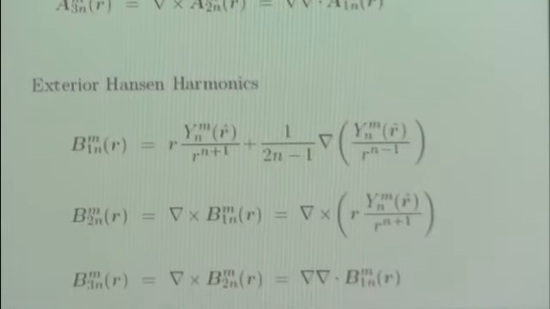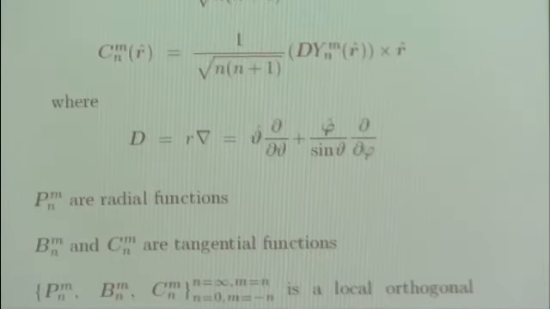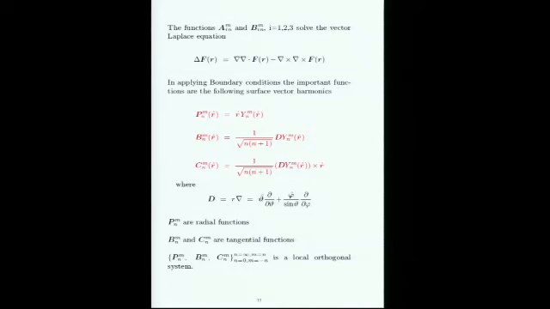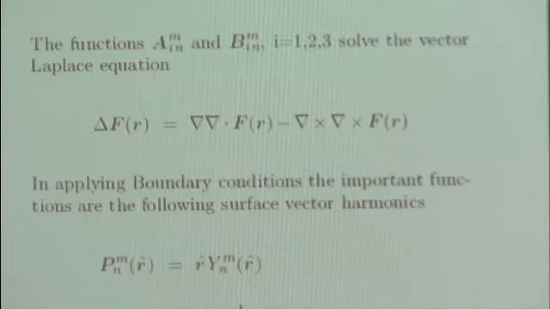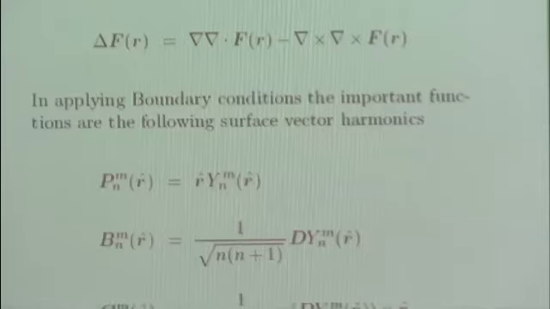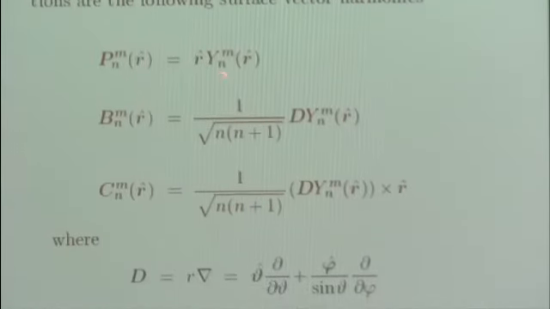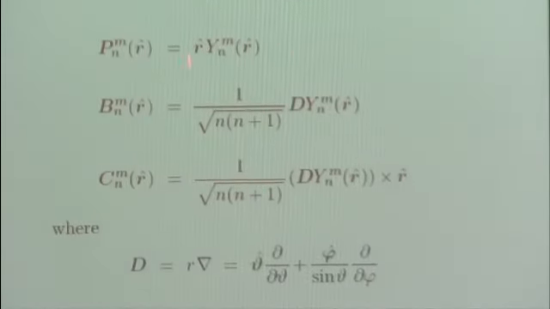The Y is the standard scalar spherical harmonic with some constant there. Okay, now the introduction of these three eigenvectors was not as important as the introduction of these three, which are surface vector eigenfunctions in the spherical system. And you have this one here, which is the P function, which is radial. And you have the B and the C functions, which are tangential, because D is the surface gradient here.